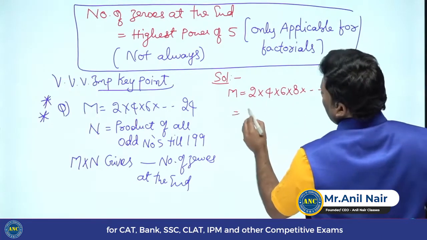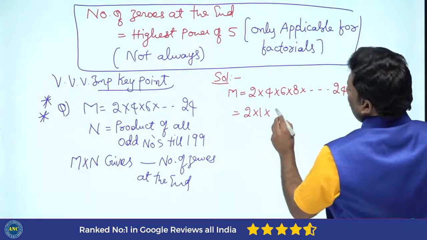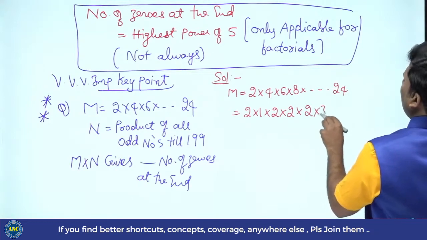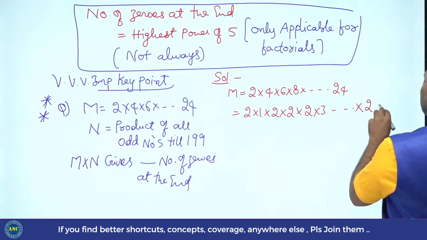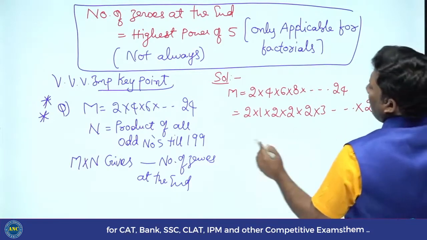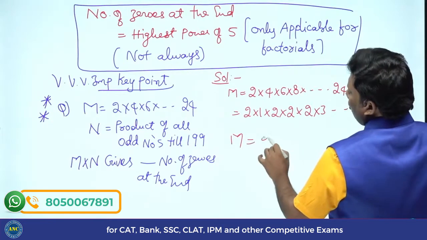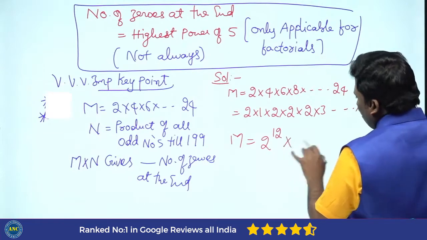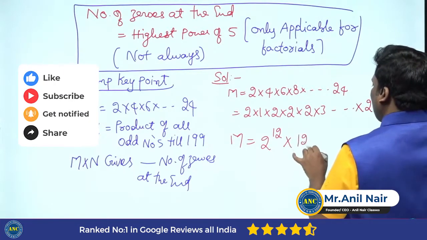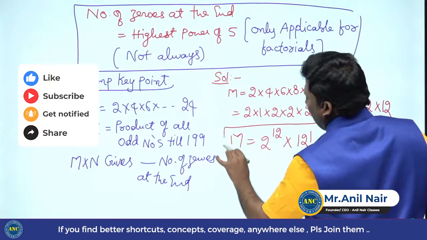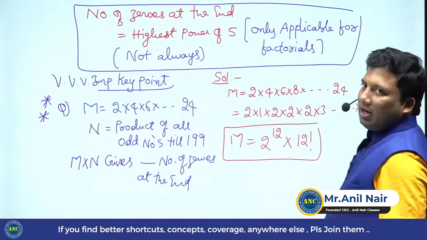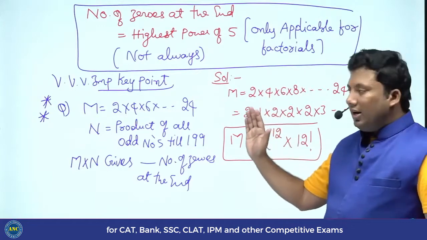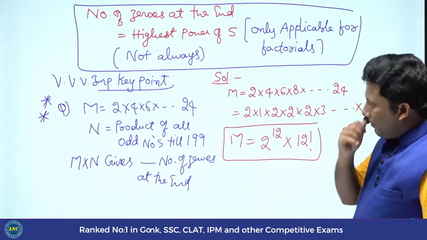So 2 ones are 2, 2 twos are 4, 2 threes are 6, 2 fours are 8, 2 twelves are 24. 2 is multiplied 12 times, so 2 power 12, and 1 into 2 into 3 till 12 is 12 factorial. M is 2 power 12 into 12 factorial. Till here it is clear. In the next slide we will use it.